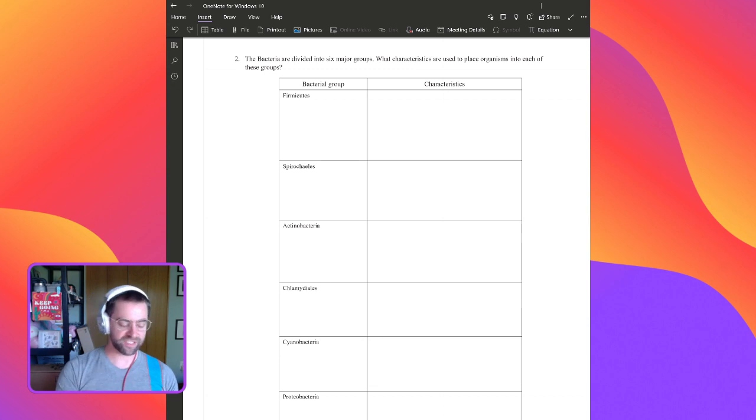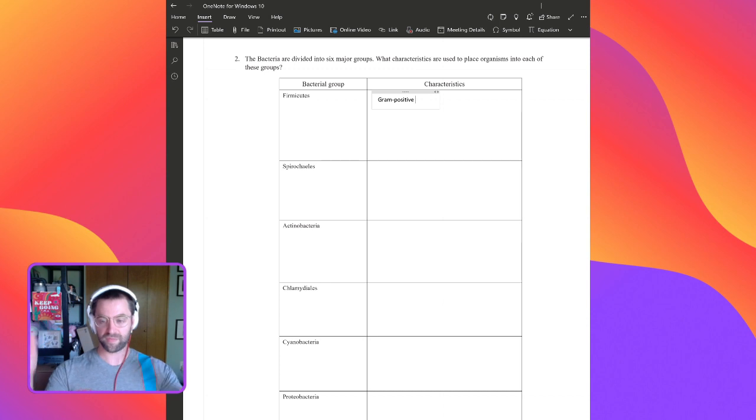Firm literally means hard, and cutes, in this case, refers to the cell wall, so we can think of it as a skin. So firmicutes are gram-positive, which is another way of expressing this, big cell wall.